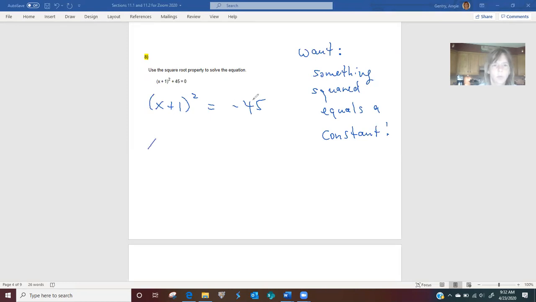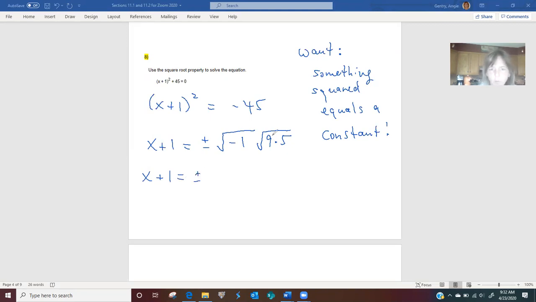And then use the square root property. So you're going to take square root, plus minus. So you're going to say x plus 1 is plus or minus square root of negative 45. The square root of 45 is 9 times 5. And then you have x plus 1. It's a little more dangerous, so be careful. Is plus or minus.